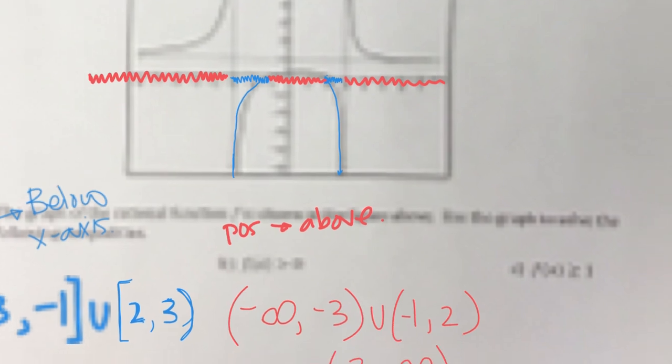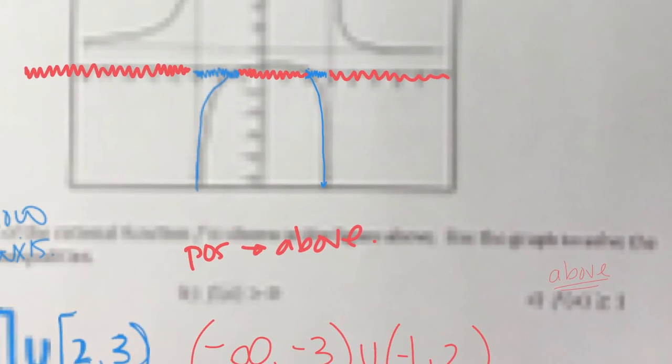Okay, our last question says, when is our graph greater than +1? So when is our graph above y equals 1? Okay, so above y equals 1, that means we're looking at your asymptote, right? This is the asymptote that describes y equals 1. So when is our graph above this horizontal line? Well, everywhere until we get to -3, right?